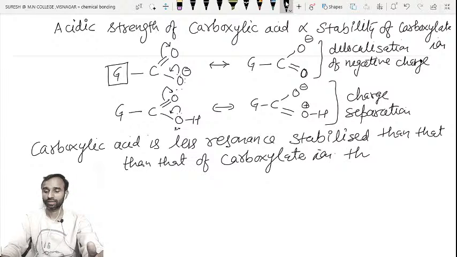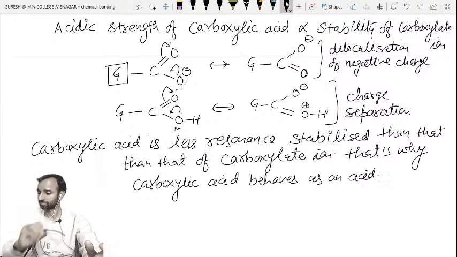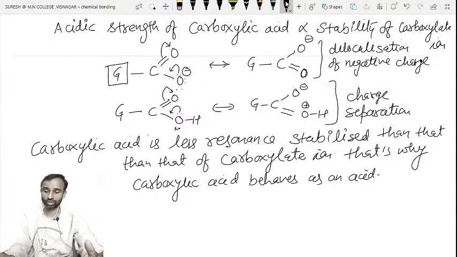That's why carboxylic acid behaves as an acid, right?